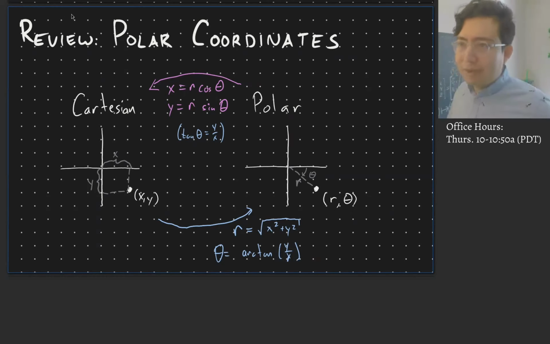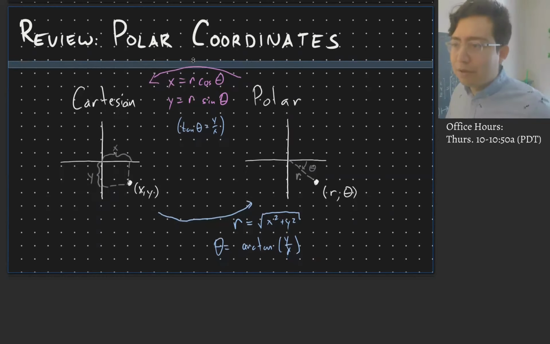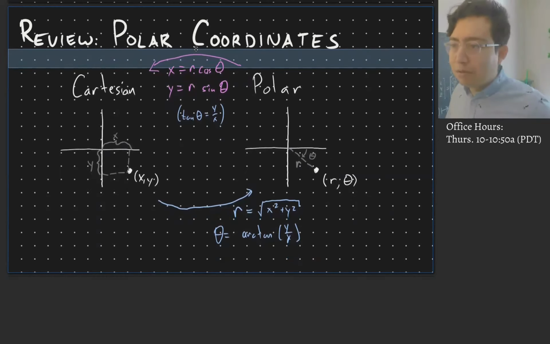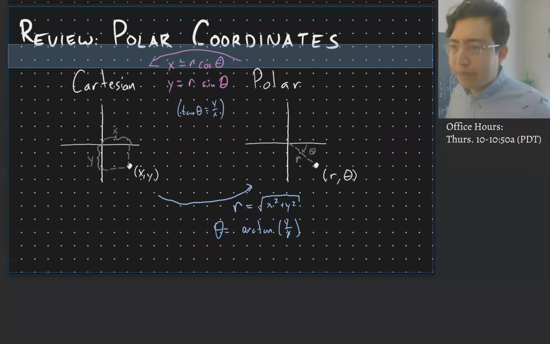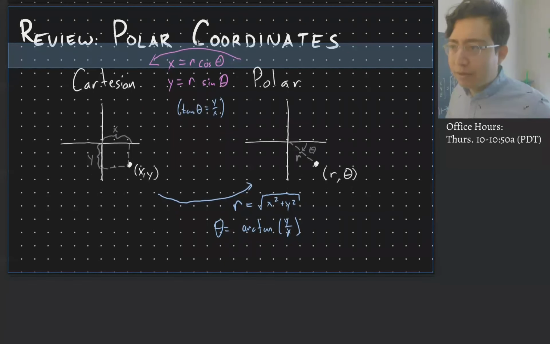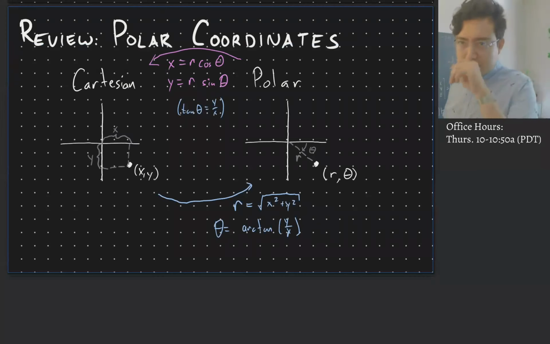So actually, let me give myself more room. Okay, about there. You're going to have different versions of this depending on what quadrant you're in. If you're in this first quadrant, then you can just leave it alone.